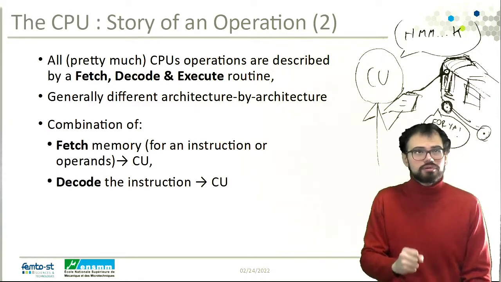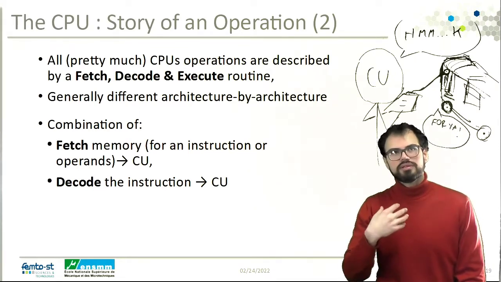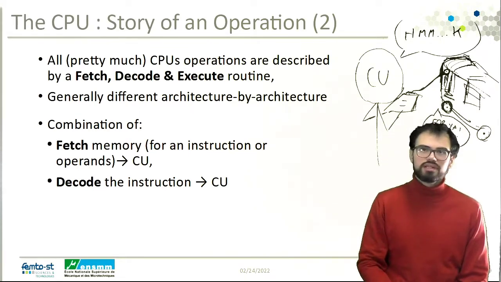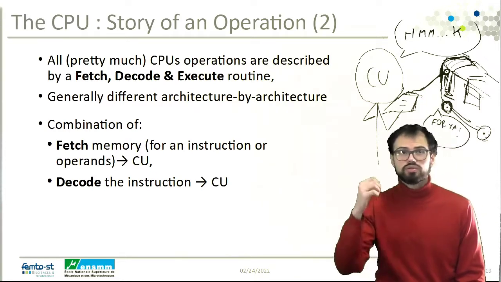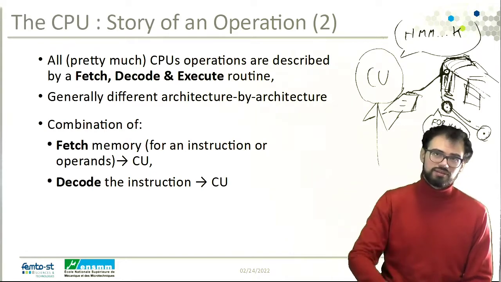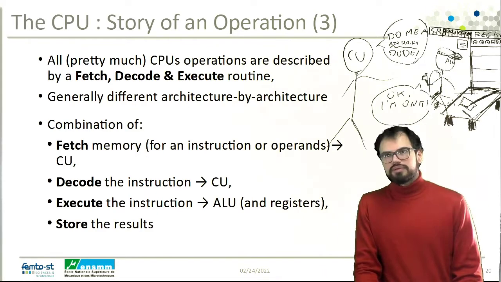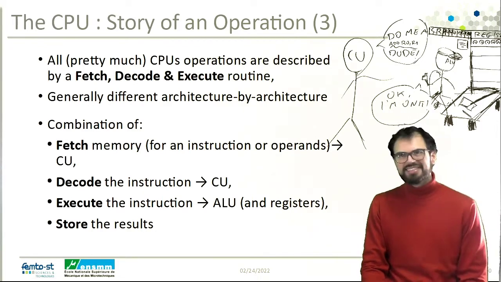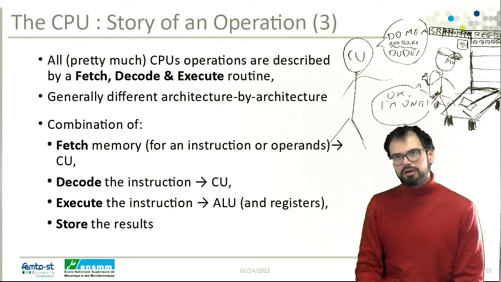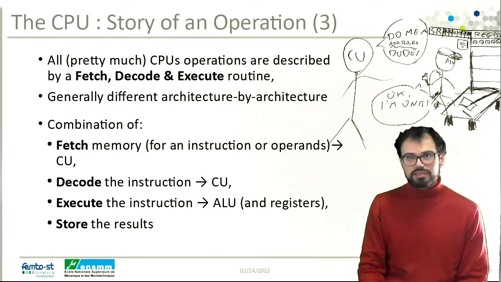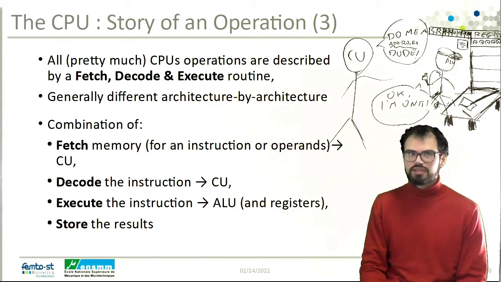The CU will take this data, read it, and understand what it needs to do after. So it will activate several parts of the circuitry that will do your job. After the CU has decoded and understood your instruction, it is then the job of the arithmetic logic unit to perform your actual instruction.